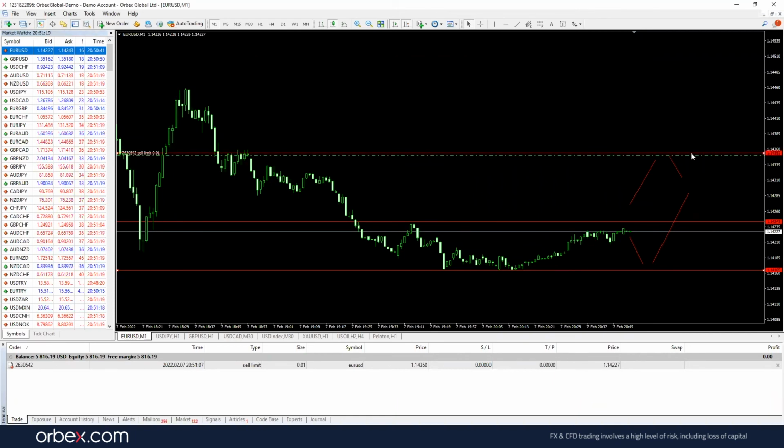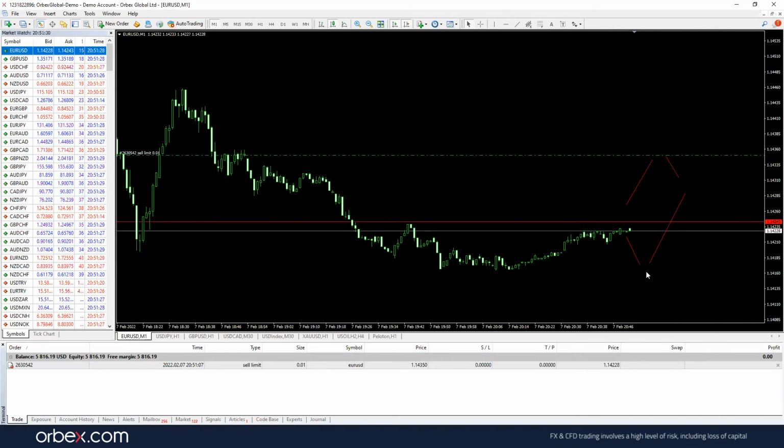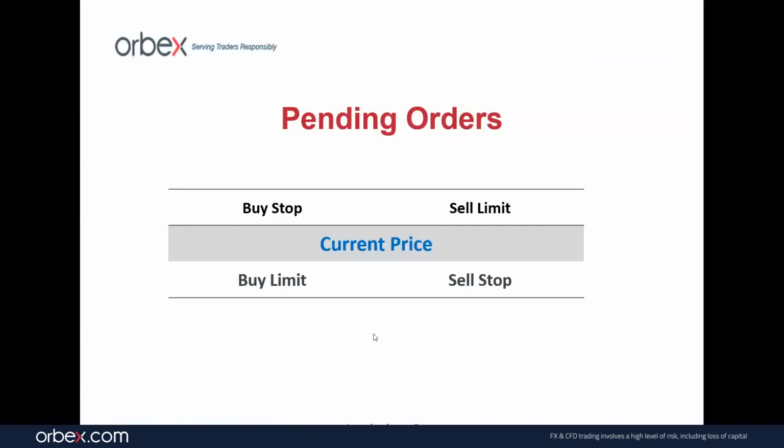I'll just move that actually so it's easier to see. So we expect the market to move up there. Once it does, the market order will open, and then we will see a move to the downside. And conversely, with a buy limit, we go to the downside and start moving higher. So this is basically the 4 types of pending orders that we look at on a daily basis for our traders.